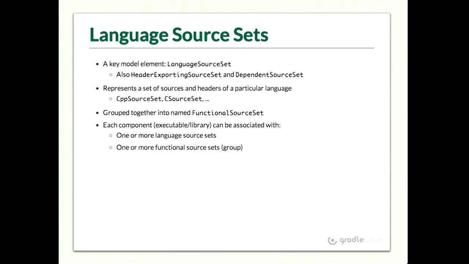You can associate extra language source sets directly with a component, with an executable or a library, or you can associate extra language source sets with a functional source set, which can then be shared amongst different components. So it's quite a flexible model there. But generally what we're going to be doing today is a component, so an executable or a library, will have a single functional source set, and then we'll have one or more language source sets in that functional source set.